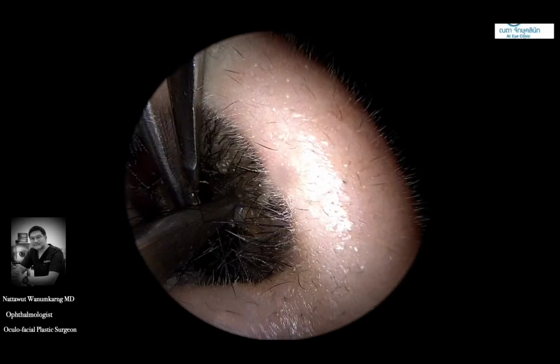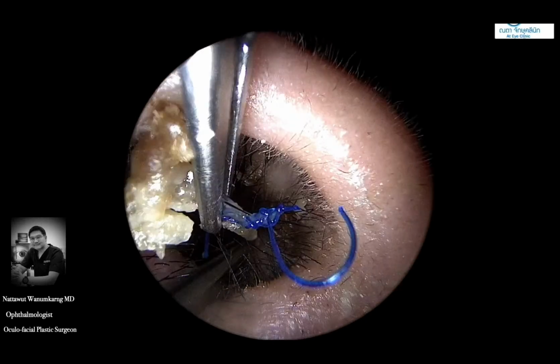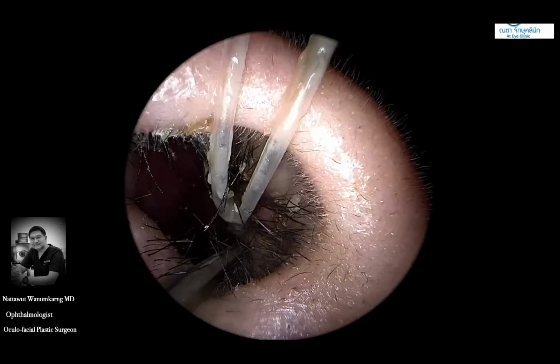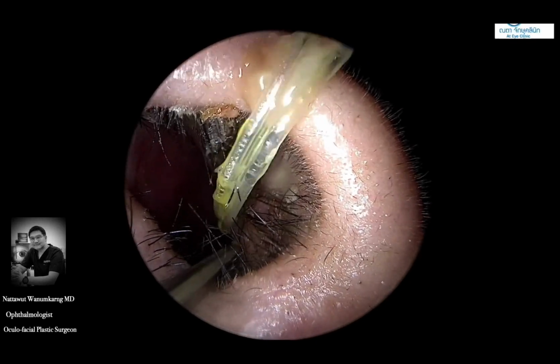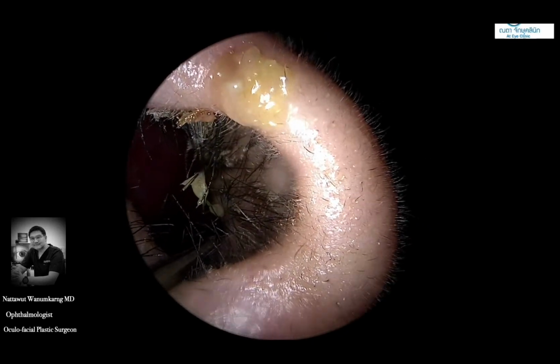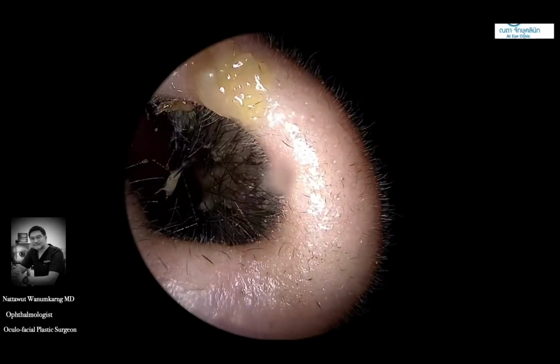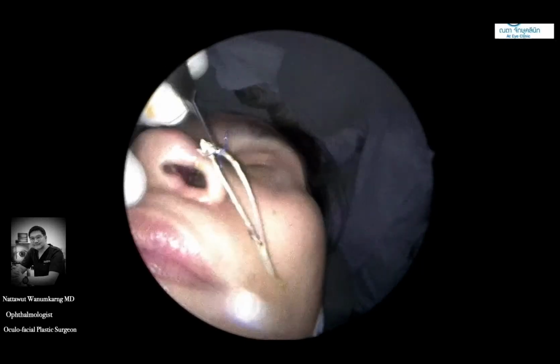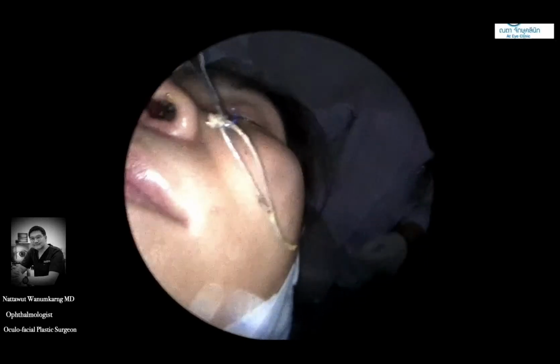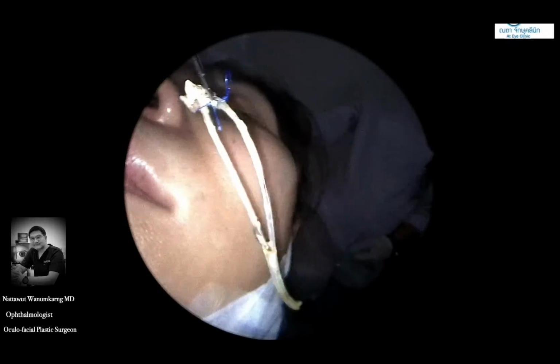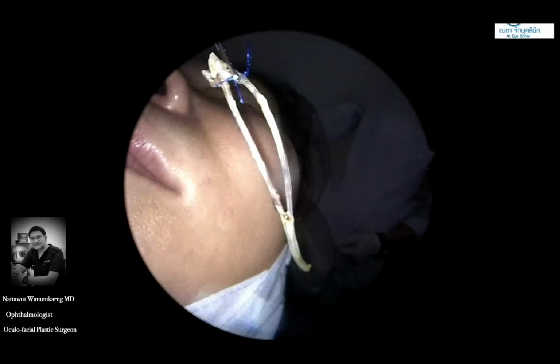This is the step where we take the 5/0 suture out, and we can see this is the nasal side for the silicone removal. After that, we can see the piece of the silicone stent. Sometimes we can see nasal discharge surrounding the silicone stent.